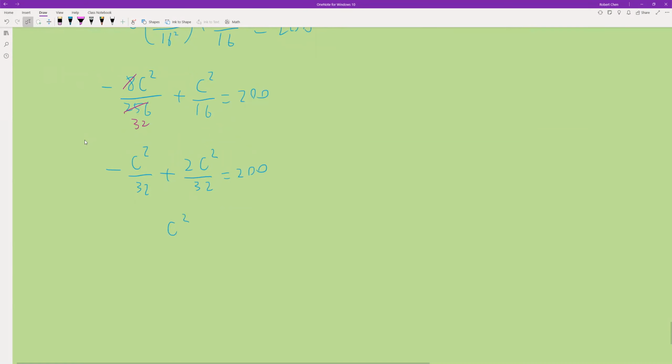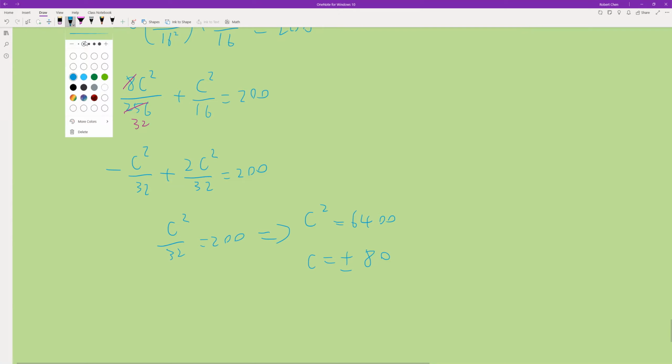I get c squared over 32 is 200. That means c squared is 6400, and c is equal to plus or minus 80. But in this case, the value of c determines the time t, so we can only take the positive one. C is equal to 80.